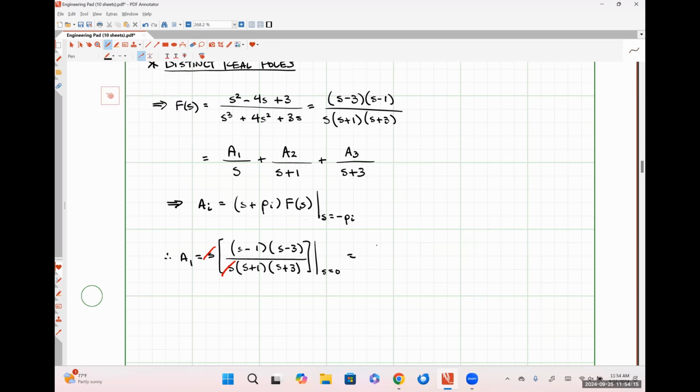I have remaining 0 minus 1, which is -1, 0 minus 3, which is -3, over 0 plus 1, which is +1, and 0 plus 3, which is +3. So I believe that my coefficient A1 is just the number 1.